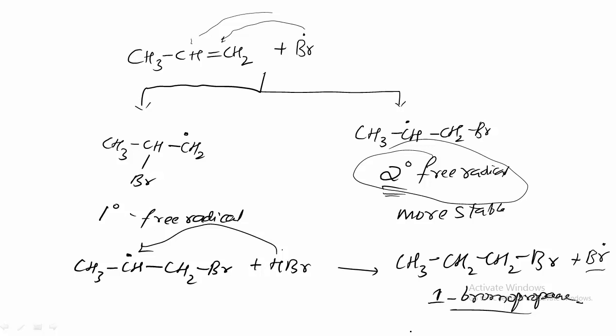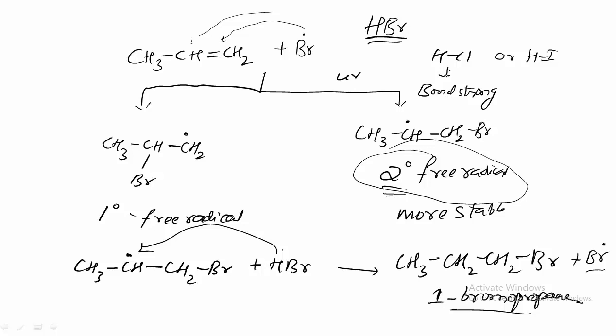Okay. So remember this reaction. And another thing, I have told you that it is applicable to HBr, not HCl or HI, because in HCl, the bond formed is strong and that cannot be broken by using UV rays or sunlight.